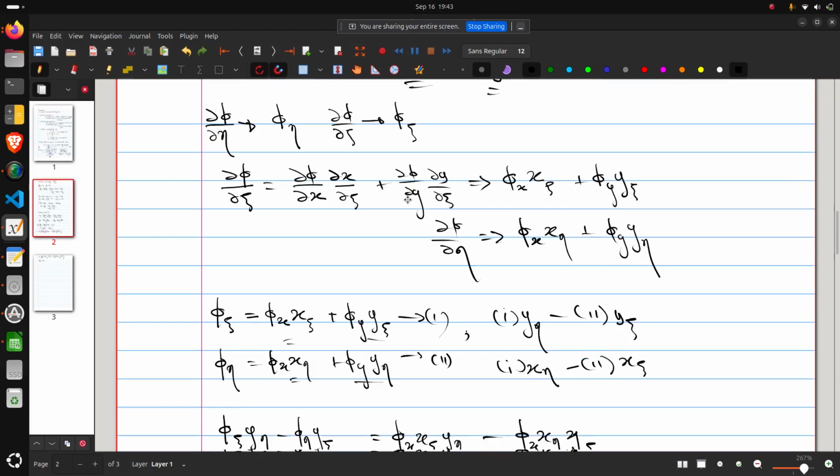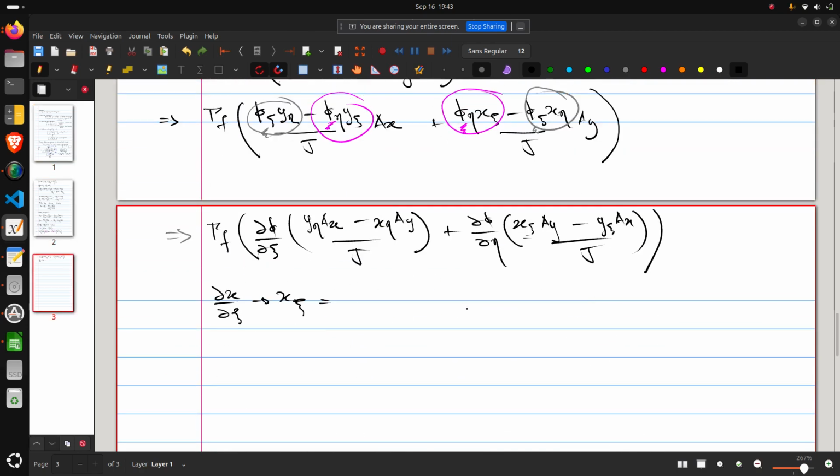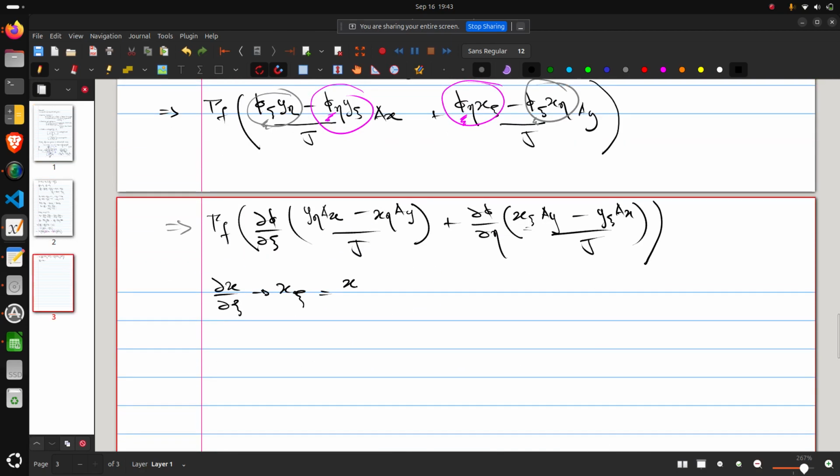It will be nothing but the delta x between these two points. Let this point be x1 and y1, and let this be x0 and y0. It will be x1 minus x0 divided by delta psi.